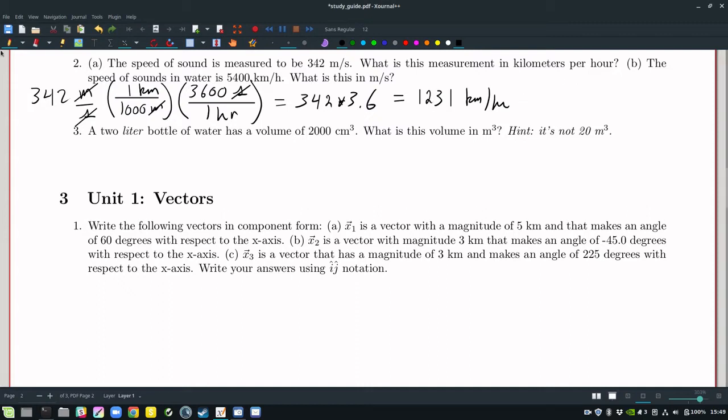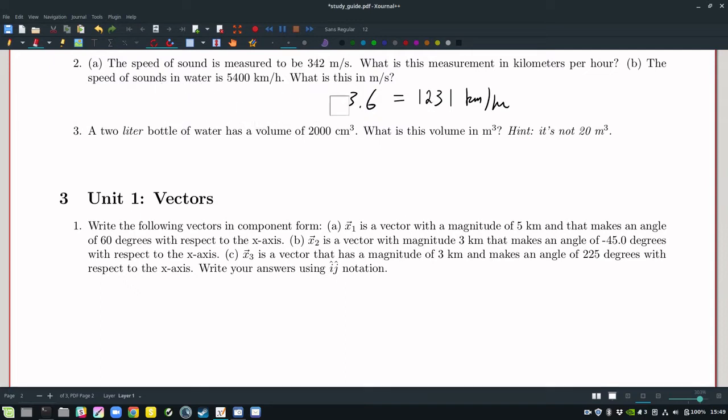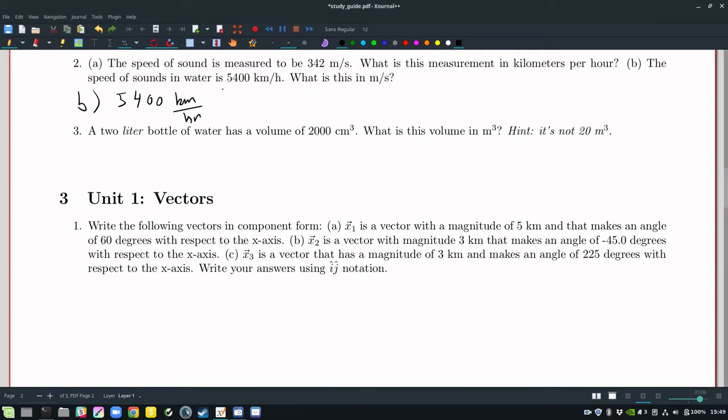Now, the next problem is very similar, but it goes the other way. We're converting from kilometers per hour to meters per second. So this will be for part B. We need to convert 5,400 kilometers per hour into meters per second. And so we want to eliminate kilometers.